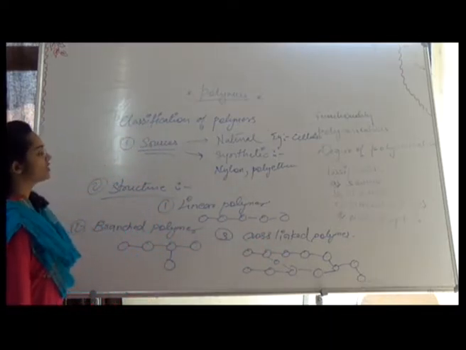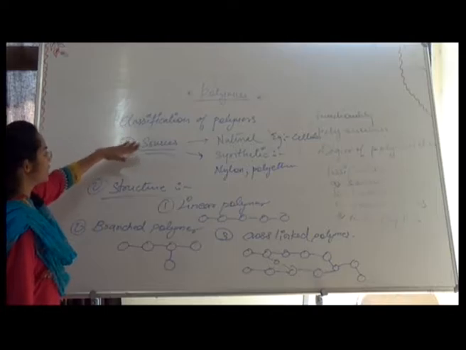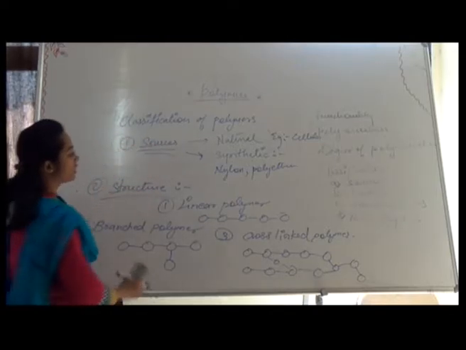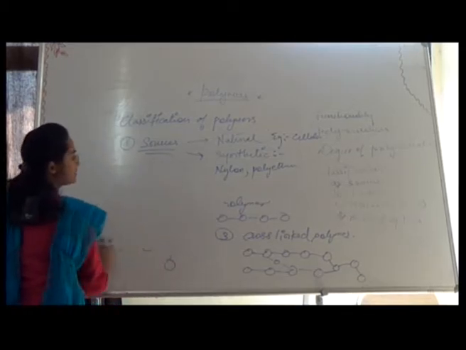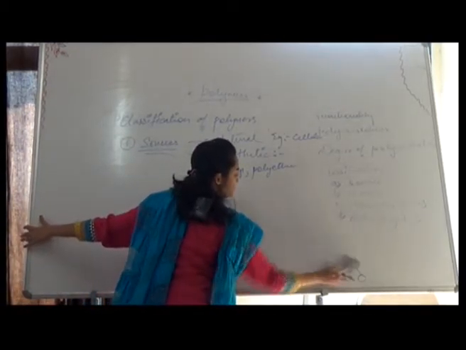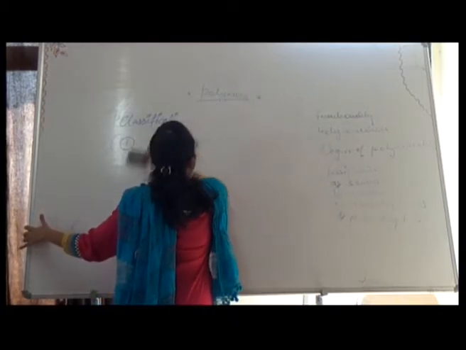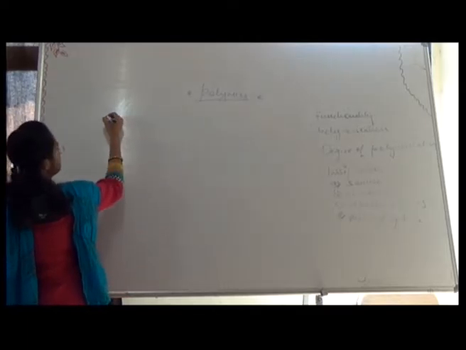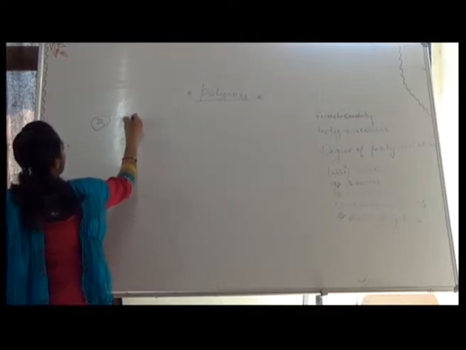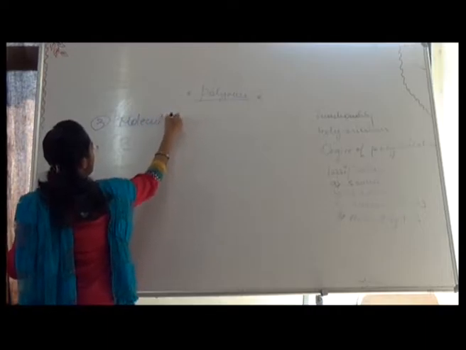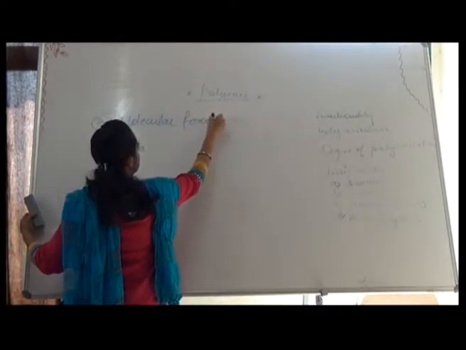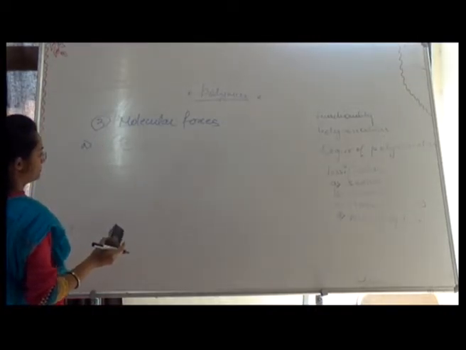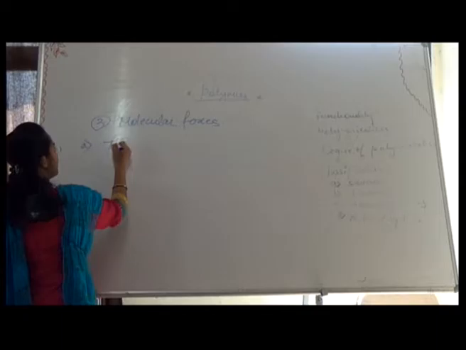Clear, all of you? So thus we completed the classification according to sources, then according to structure, and now the third that we are going to see is as per the molecular forces. First one is thermoplastic.